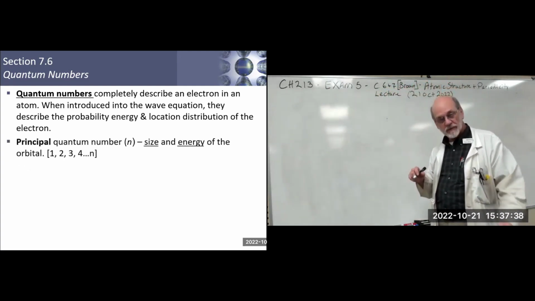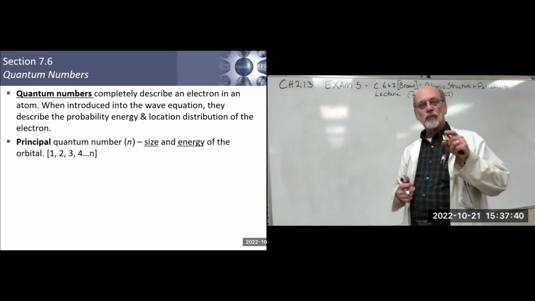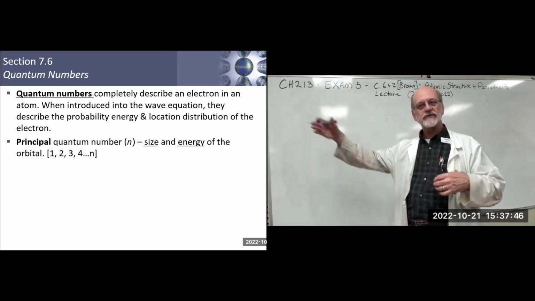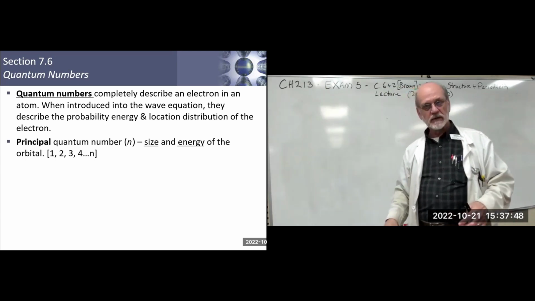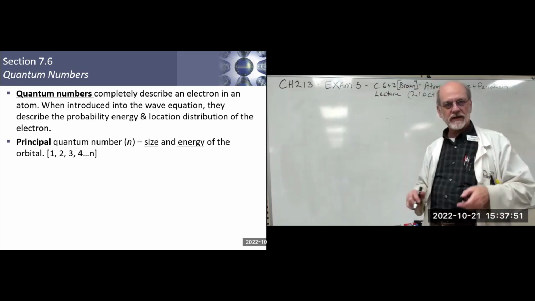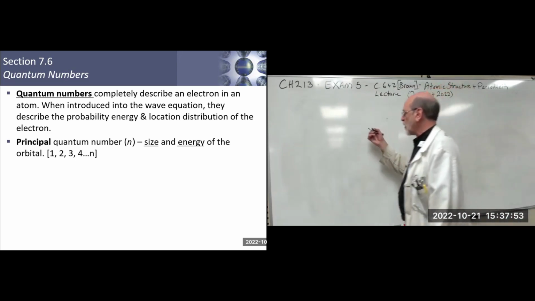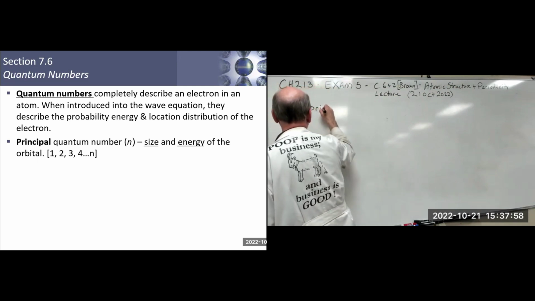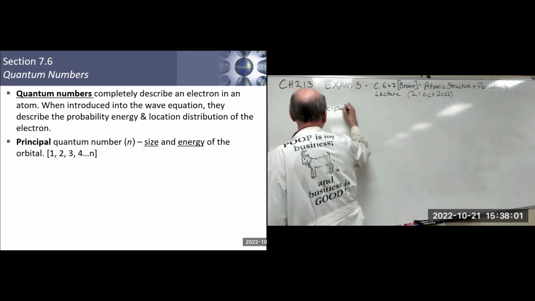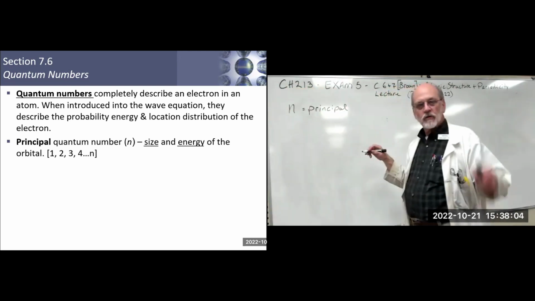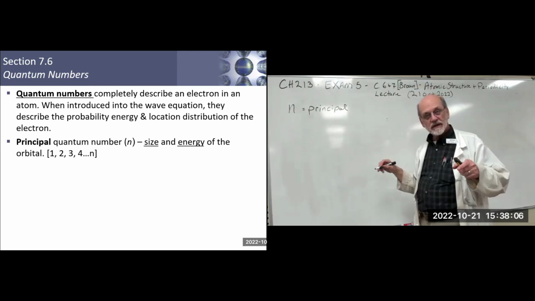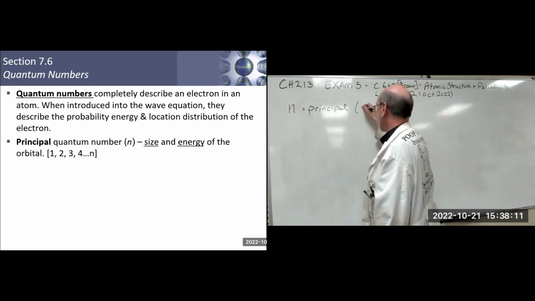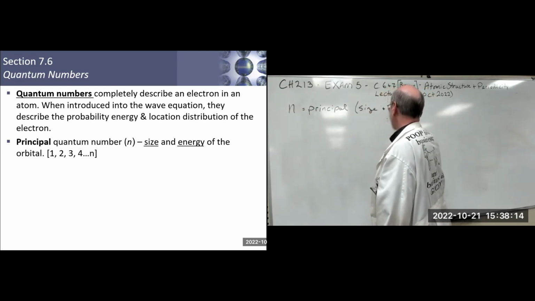The principal quantum number. This is the same number that Bohr proposed. It starts with 1 and goes up in whole numbers: 1, 2, 3, 4, 5, 6, on up as high as you want until you get to infinity, which nobody knows where that is anyway. So the principal quantum number, n, refers to the size of the orbit, its distance from the nucleus, and its energy. So this is size and energy.